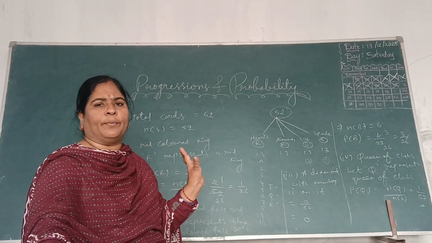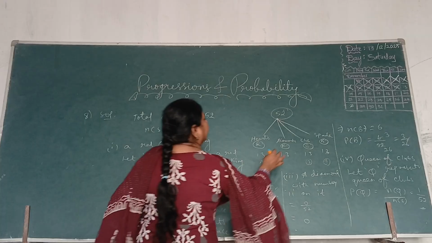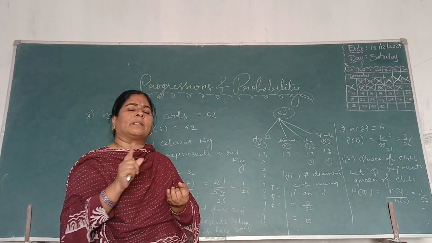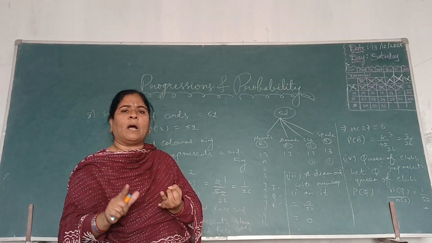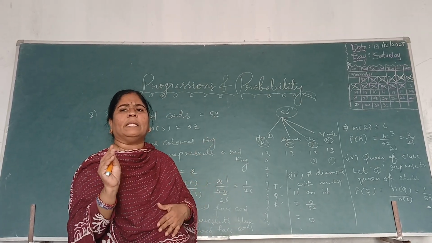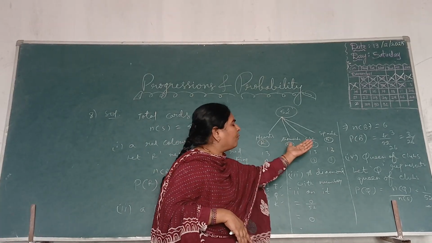Red king means only 2. Black queens means only 2. And only club queen means only 1. Like that, face cards, honor cards, numbered cards, anything may be asked. They may ask only ace, and there are all 4 aces.